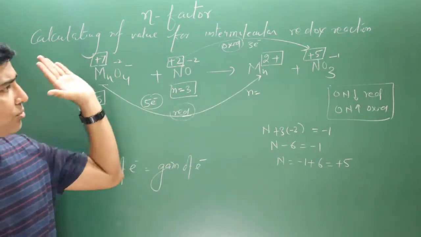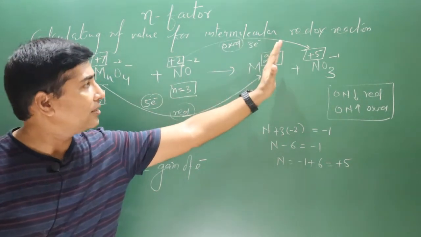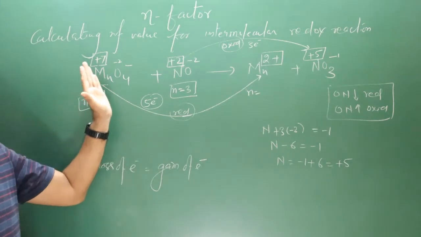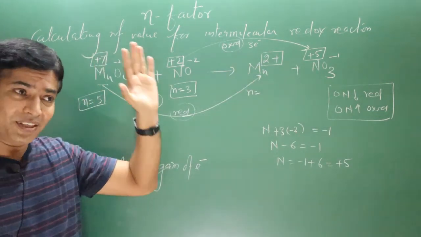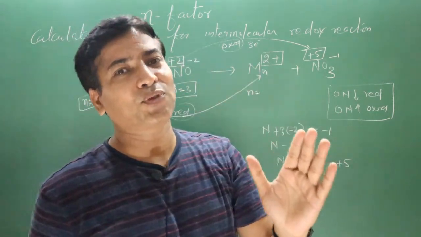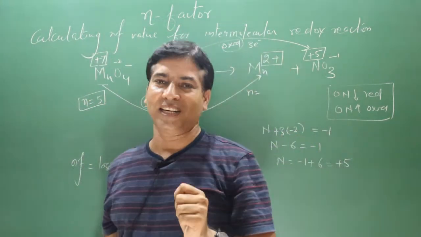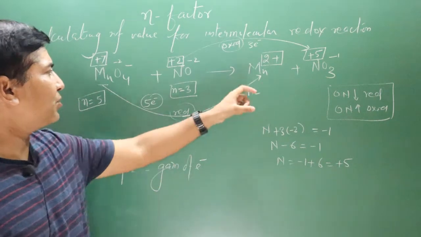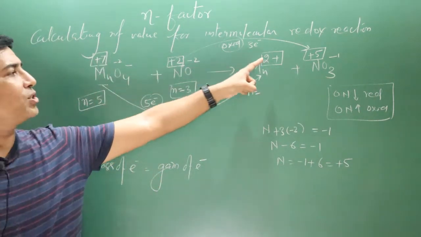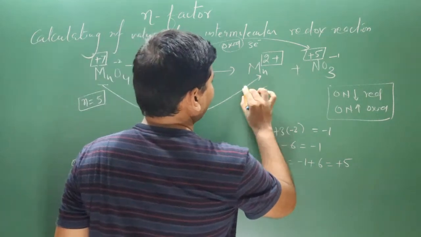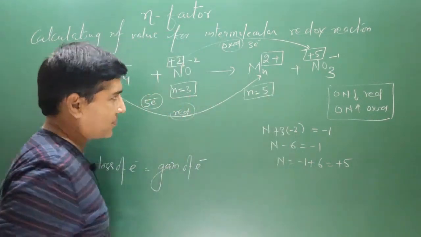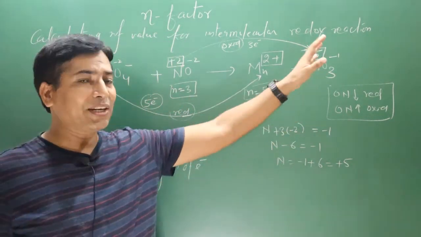Left to right it shows reduction, and right to left it shows oxidation. You cannot say 2 minus 7, no, difference means always subtract the small value from the large value. So in this case the difference will be 7 minus 2 is equal to 5. So in this case also you will get the same n factor value, and the n factor value is 5.